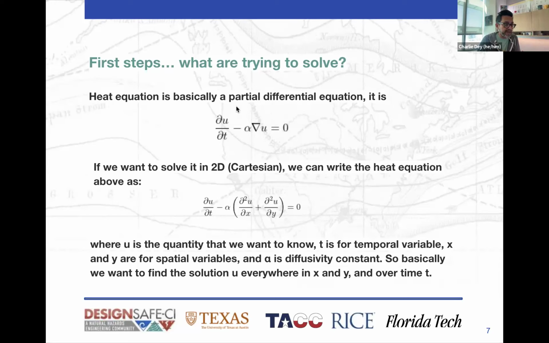This is what we're solving. We can rewrite it so it looks a little bit more normal in a Cartesian form in this way: du/dt minus alpha times (d squared u over dx squared plus d squared u over dy squared) equals 0. All right, so what does all that mean? Well, u, in this case, is a quantity that we're trying to solve for. That is what we want to know. All right, in our situation, it's the heat equation.